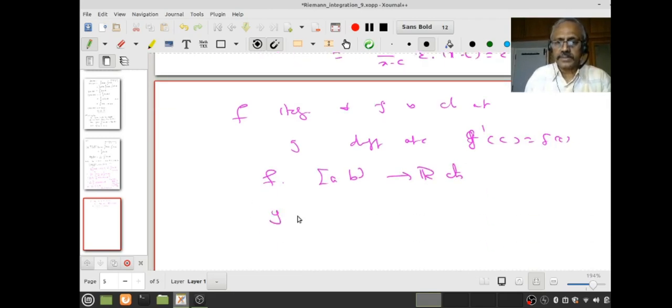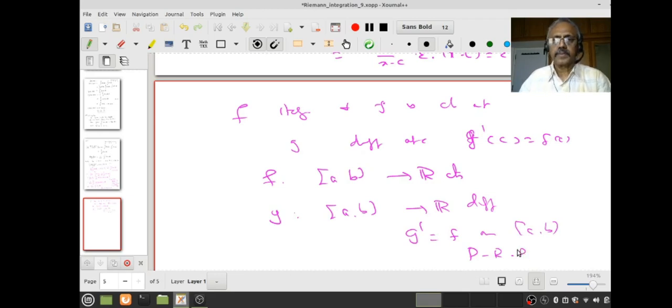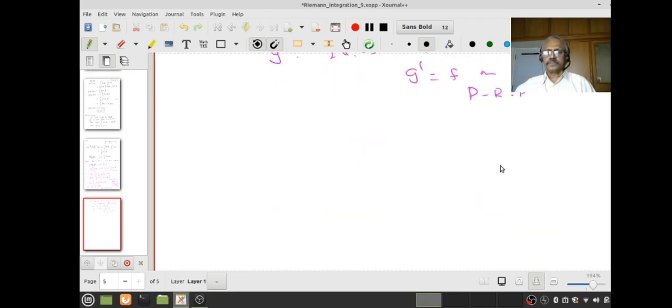The indefinite integral g from ab to R is differentiable, and g dash is f on ab.